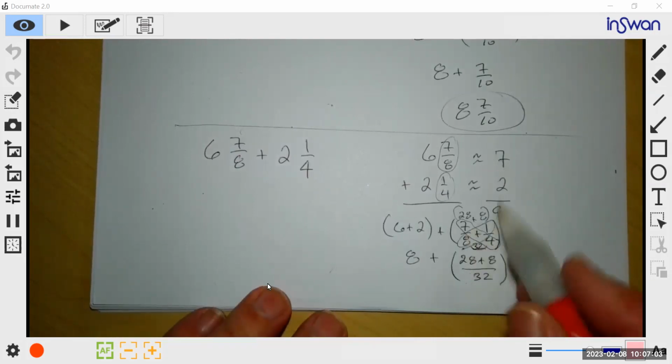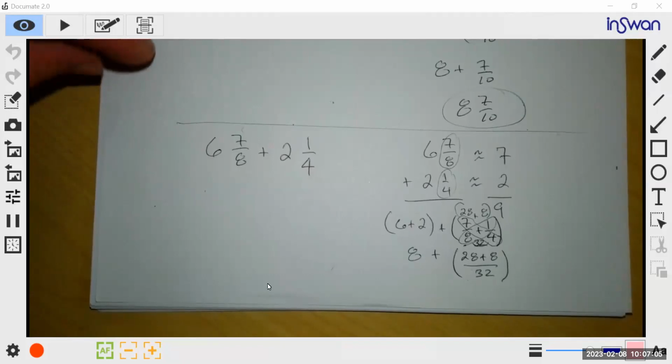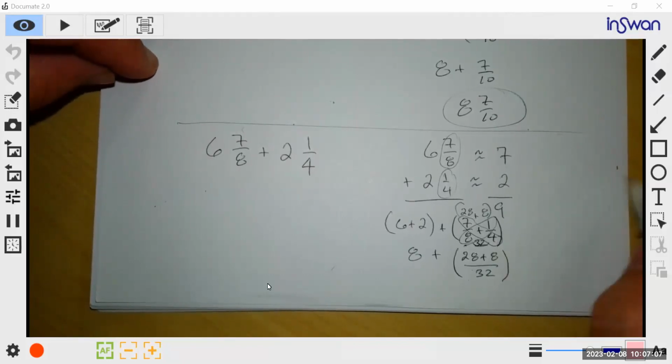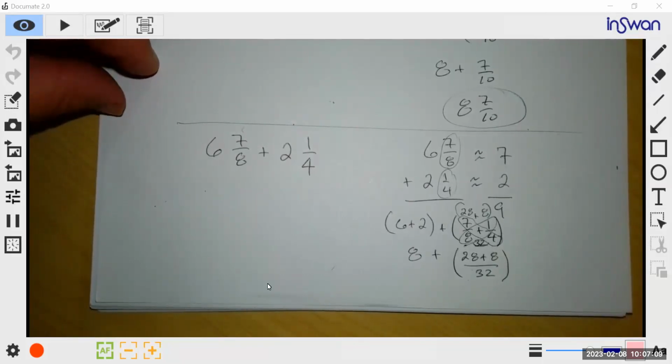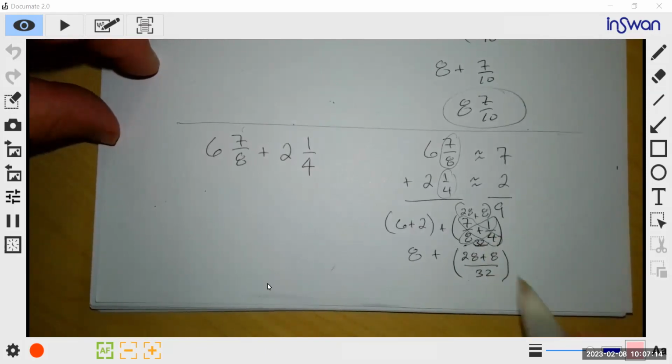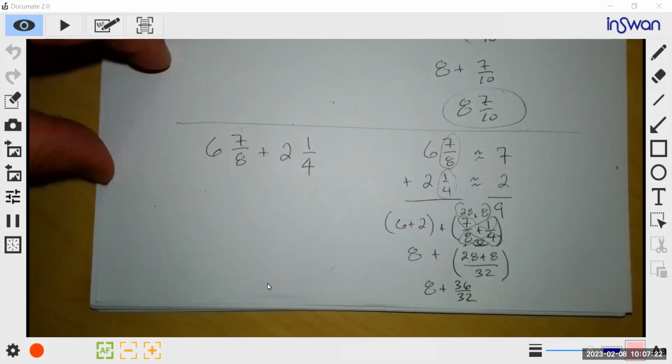Because all I did here was do the butterfly method. If you want me to do it over here, I can. Is everybody okay with the butterfly method? So we have 28 plus 8 is 36/32.